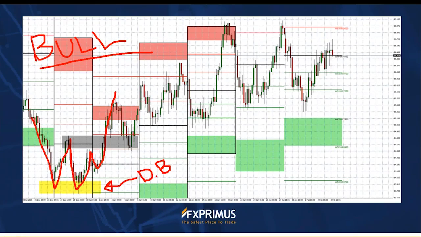And then it came down. So that must be resistance. So we drag it across, yeah? And if price falls down to this level here, we can look to buy. All on there? Good.